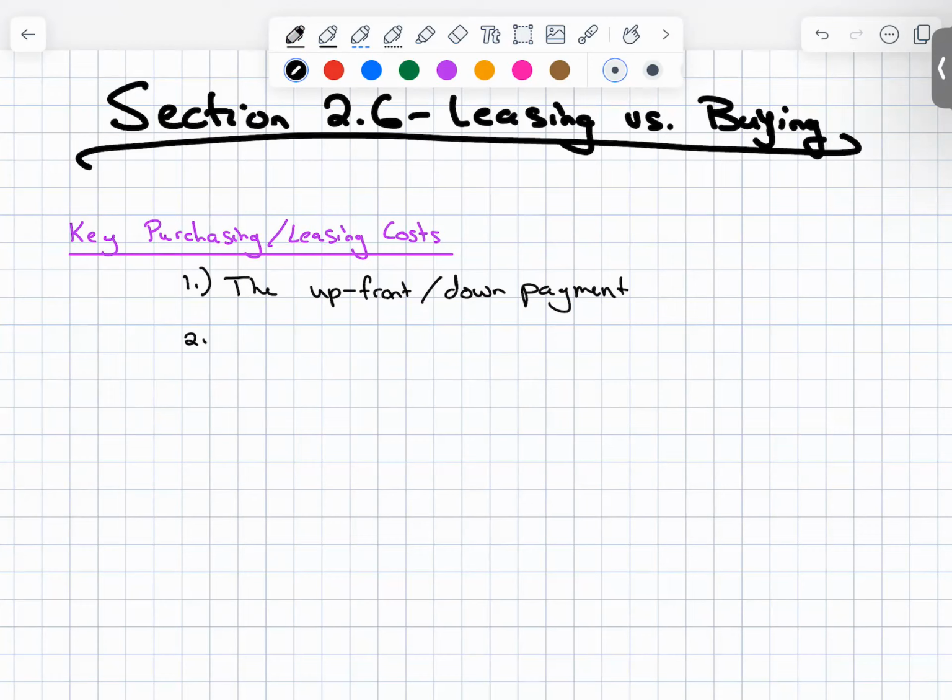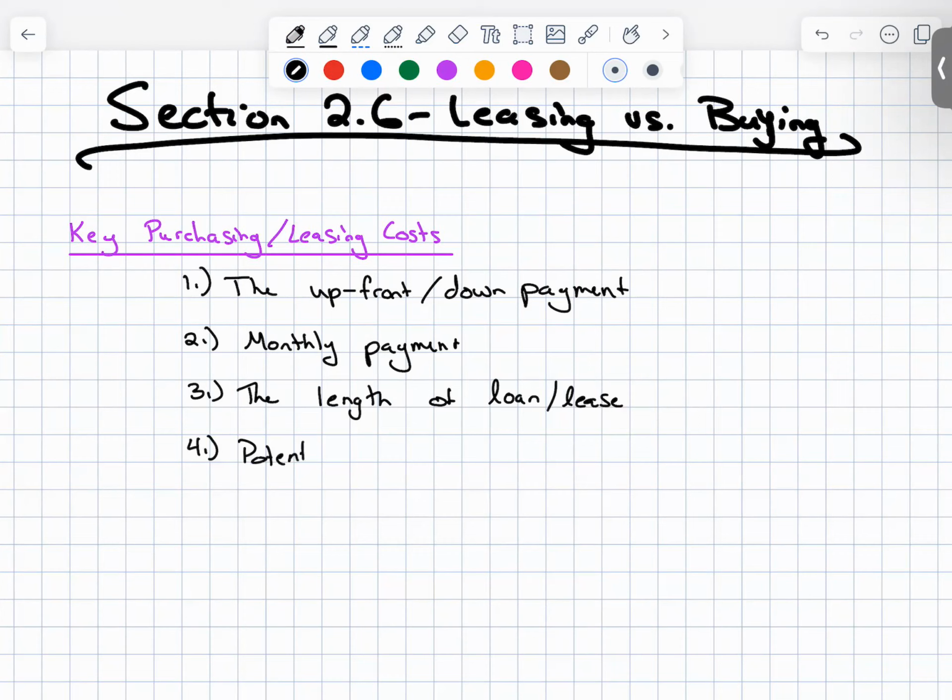The monthly payment. The length of the loan or lease. And the last one is the potential additional charges, because that could be insurance or whatever.